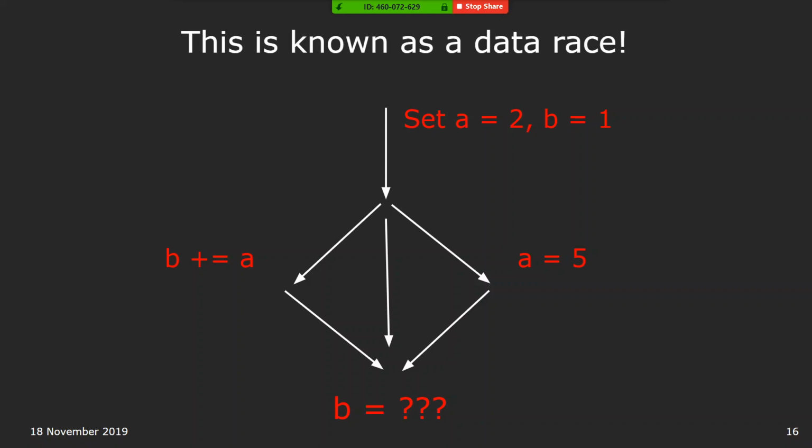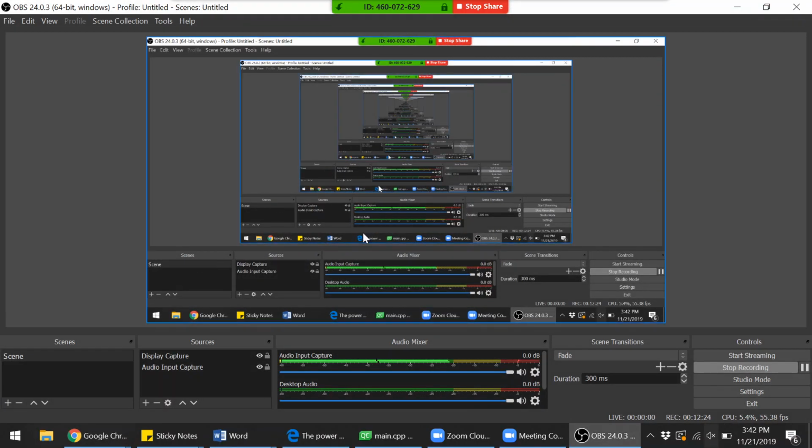Although it reads as a single line of code, b plus equals a, what it's doing under the hood is something like: retrieve the value of a, add a to b, replace the value of b with the new value of b. So there's a sequence of many different things that it actually has to do to execute this one line of code.